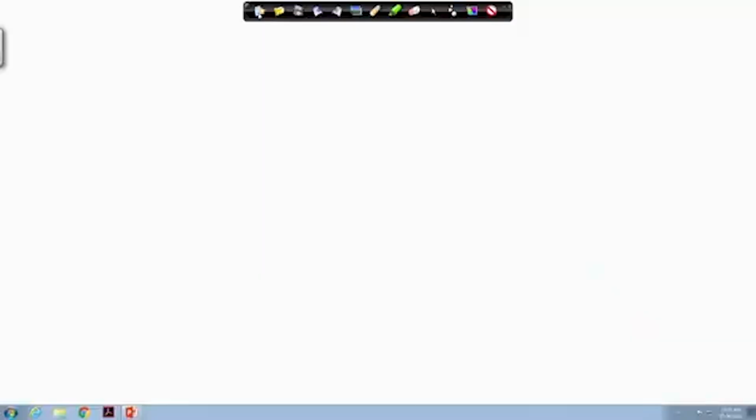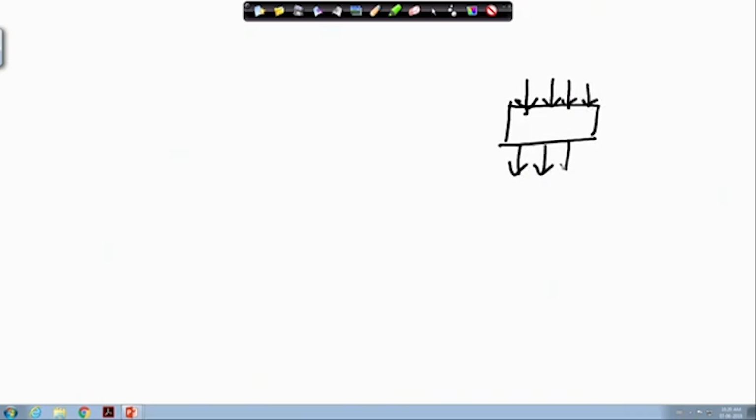To start with, I need to design one 4-bit incrementer. Suppose this is my 4-bit incrementer. Here these are the inputs: this is A3, this is A2, this is A1, this is A0.